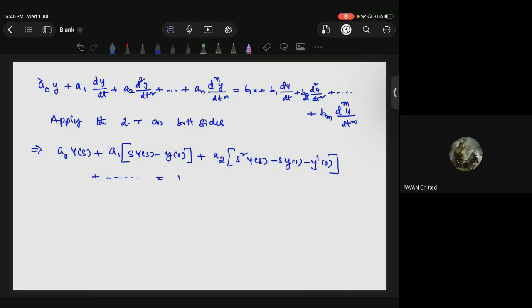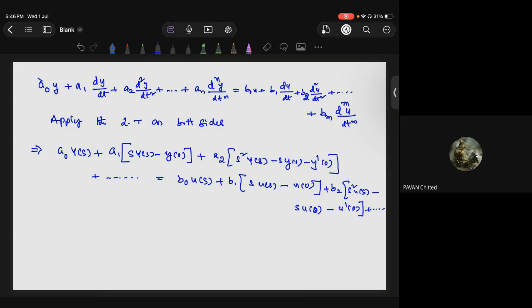Similarly, b naught u of s plus b1 times s u of s minus u of 0, plus b2 times s square u of s minus s u of 0 minus u dash of 0, etc. Correct.